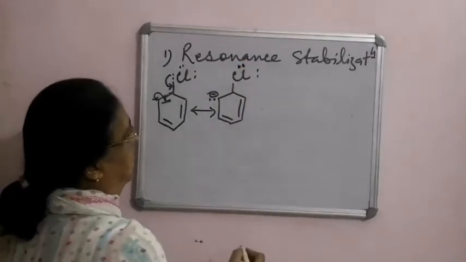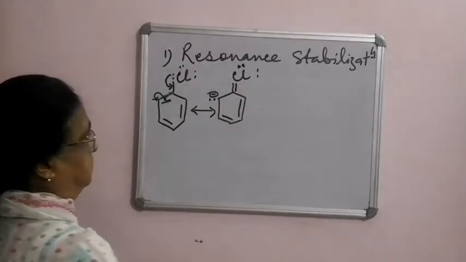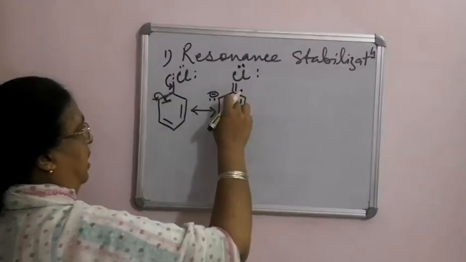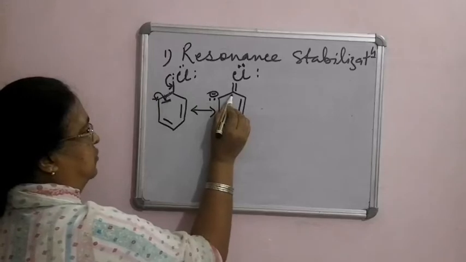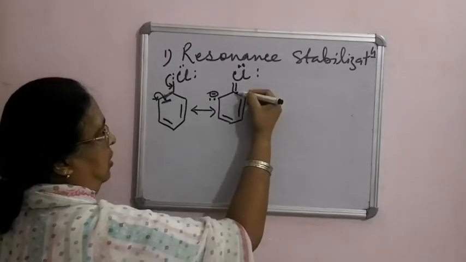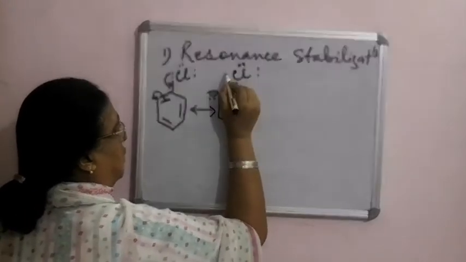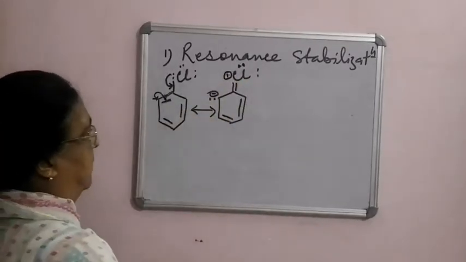Instead there will be two lone pairs, and here will develop a double bond. This positive charge is compensated by this pair of electrons, and since this pair of electrons is delocalized here, here will develop a positive charge.